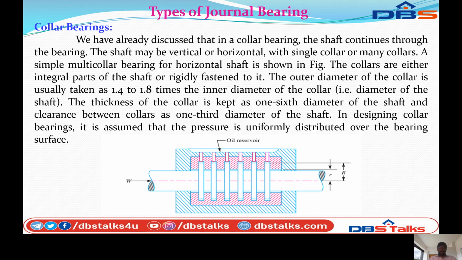When the oil passes through the oil receiver, it will continuously form a series arrangement of the oil. So this is the diagram of the collar bearing. The pressure is distributed uniformly over the bearing surface. So the entire pressure will be distributed uniformly over the bearing surface.